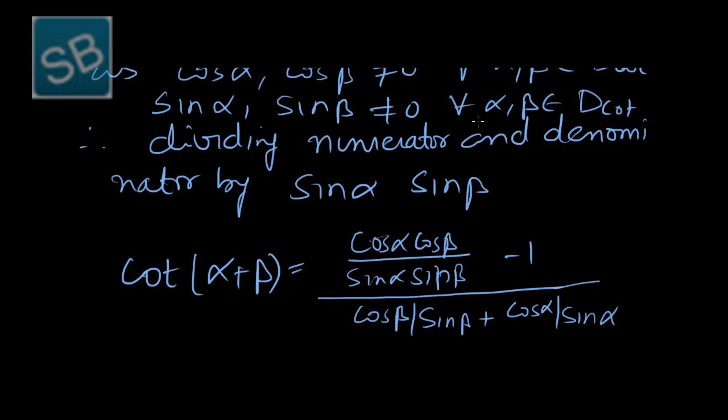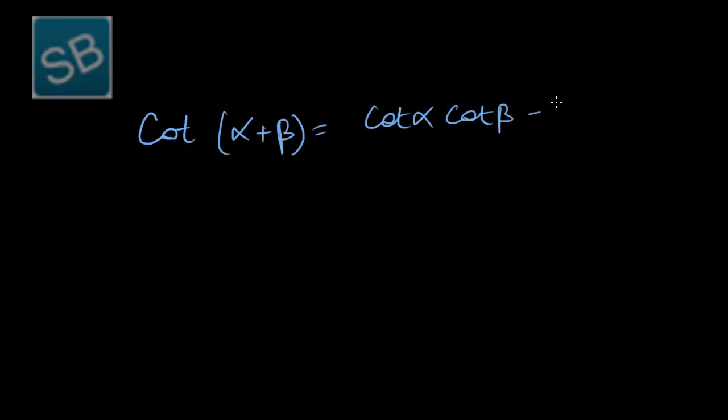So we get cot(alpha plus beta) is equal to (cot alpha cot beta minus 1) over (cot beta plus cot alpha). So we get the formula.